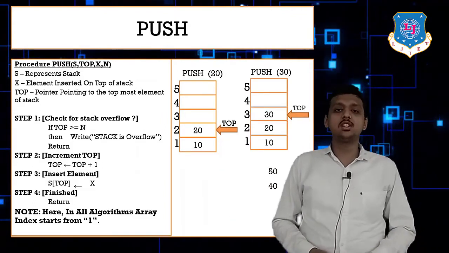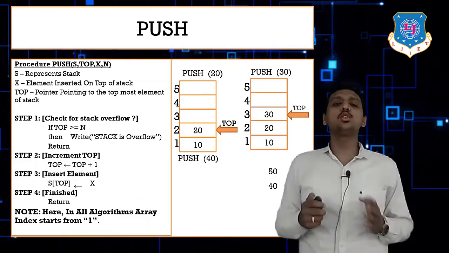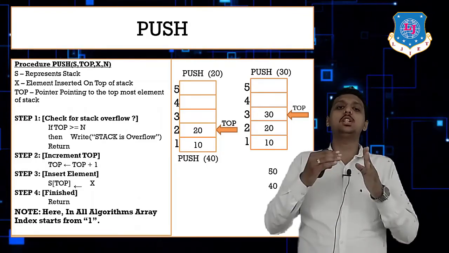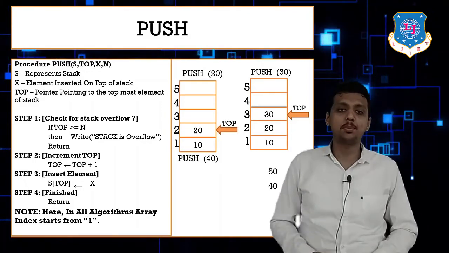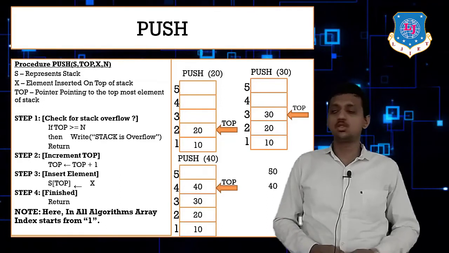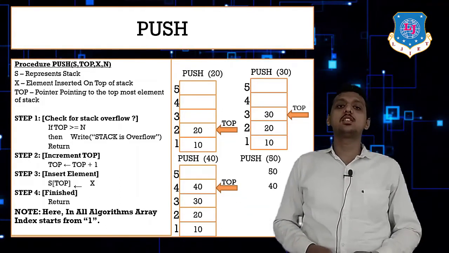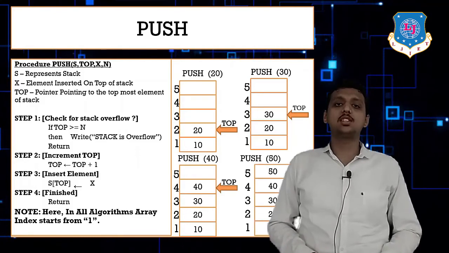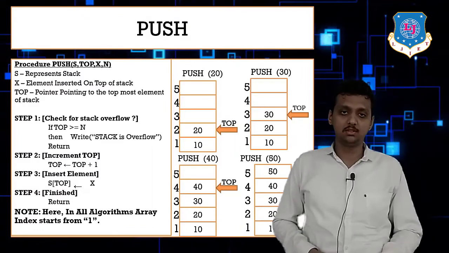When I need to insert 40, it shows like this: push 40 operation. Again my top pointer is incremented from 3 to 4, and I assign the value s of top is equal to 40. And the last step is push 50. Now my top pointer is pointing to 50.